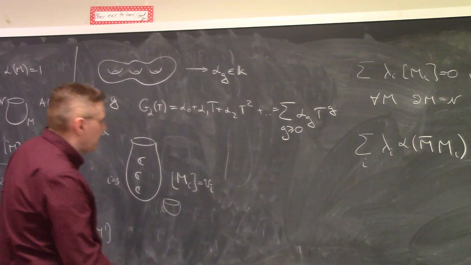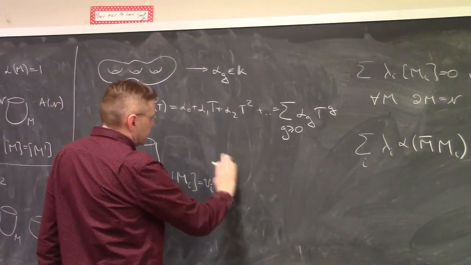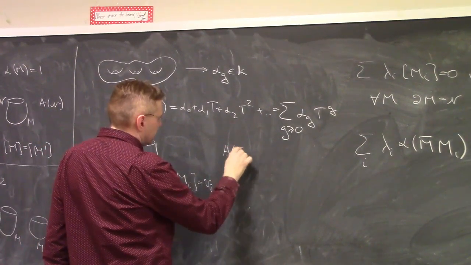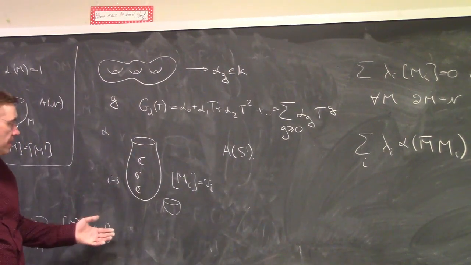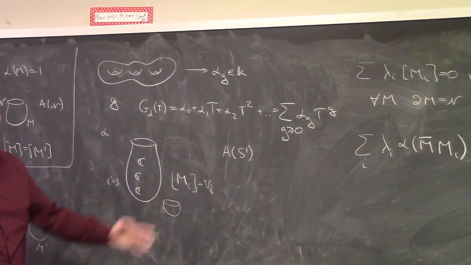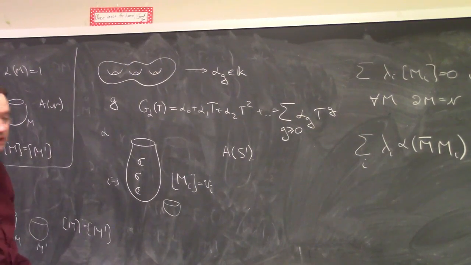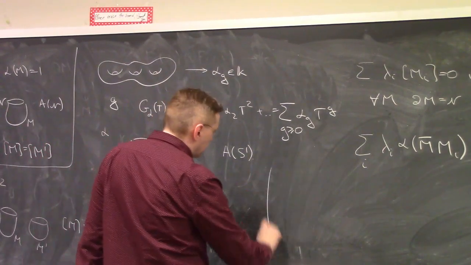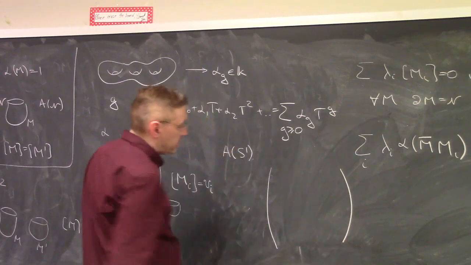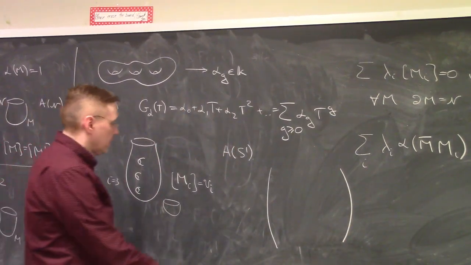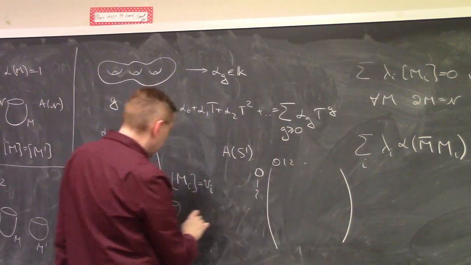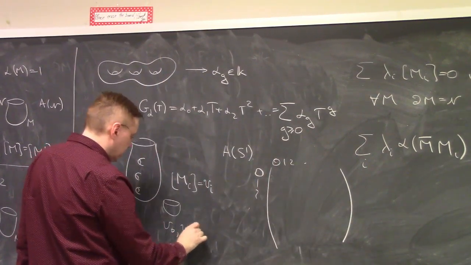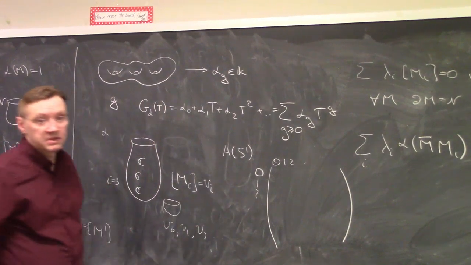And let us look at the bilinear form on the state space of a circle. It has this set of spanning vectors, v sub i. So let's write down the matrix of the bilinear form. The rows and columns are labeled by 0, 1, 2, because we can have vectors v0, v1, v2 as our spanning set.